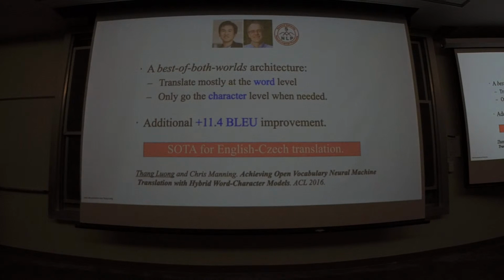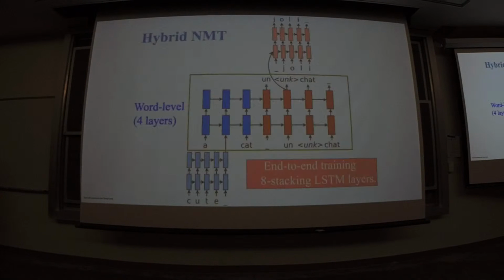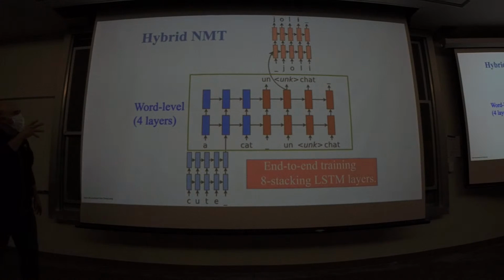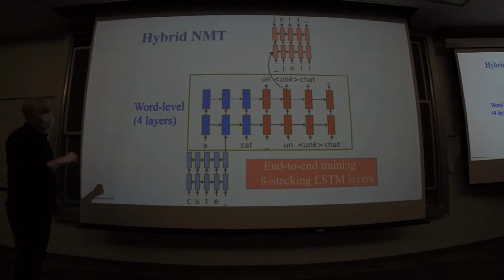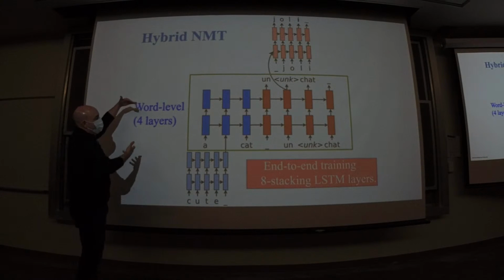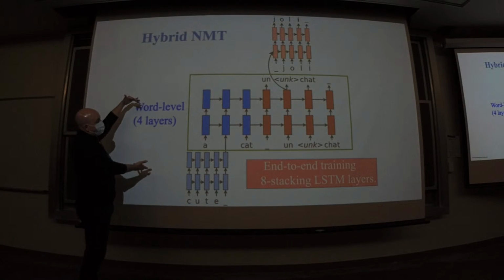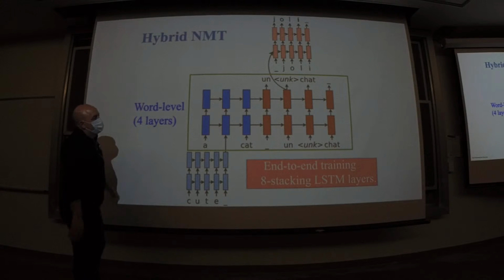So English to Czech is a great example. Again, I don't know Czech at all, but I can see that it looks very complex compared to English, with lots of additional letters in the alphabet and so forth. What you have in this case is a hybrid neural machine translation system, with a word-level translation system doing everything we talked about before.